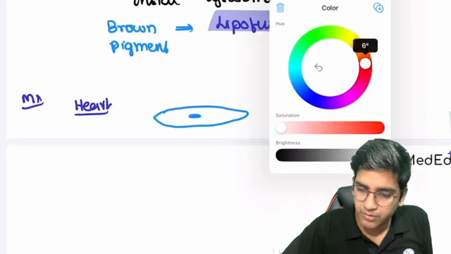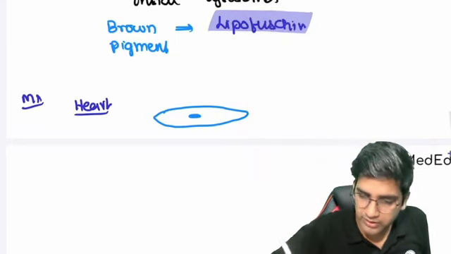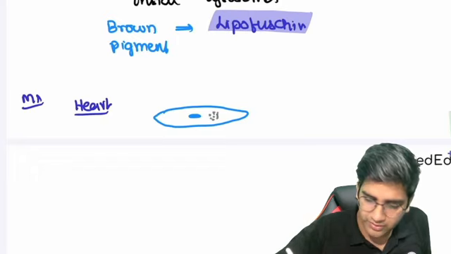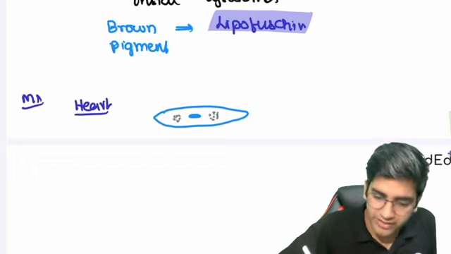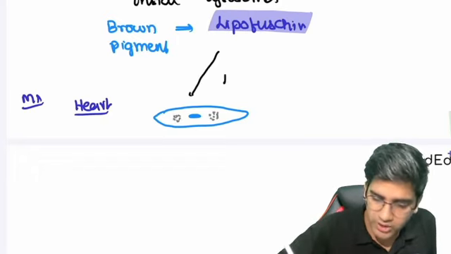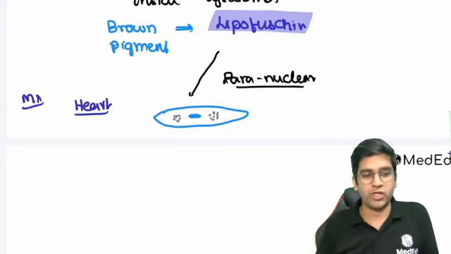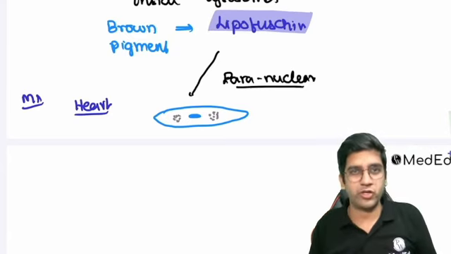So here somewhere I'll have the pigments. The lipofuscin pigment location is very important. It will always be seen in the paranuclear location.